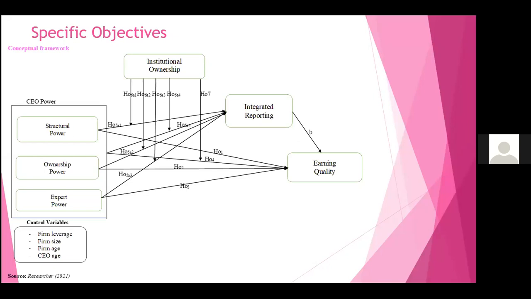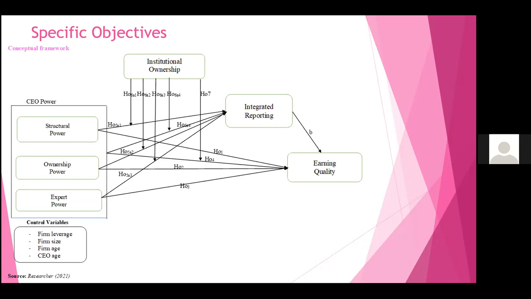However, the missing link, which I also want to see in the background, is how institutional ownership, as she alludes, conditionally influences the strength of the indirect effect between the CEO power and earnings quality. I think that has not been well argued out. It is still hanging, and she will need to do more to justify the moderated mediation model. Because if this is not done, I think the model becomes a little bit shaky.